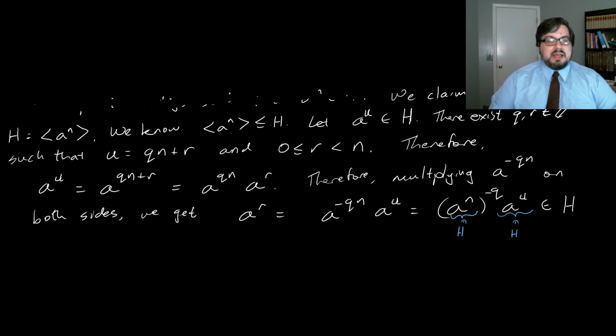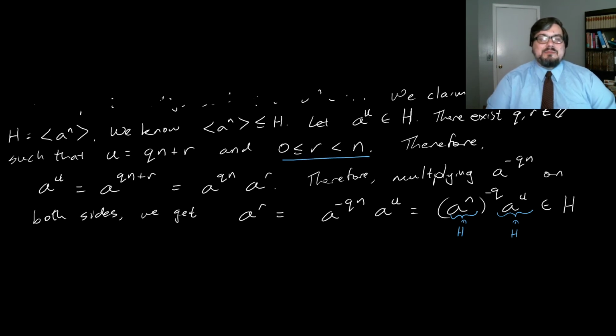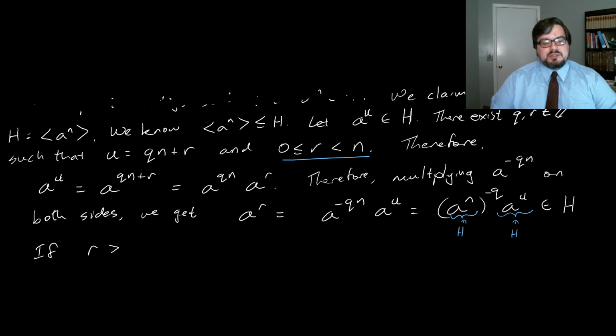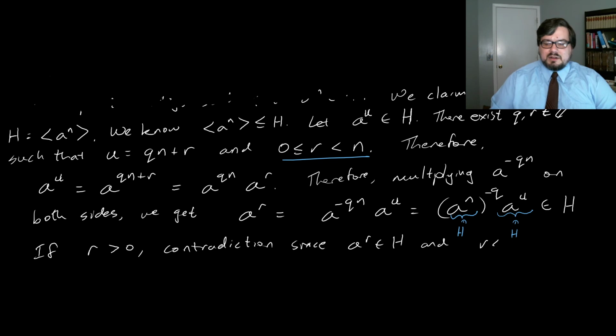However, again we have that r is less than n, and n, remember, was the smallest integer such that a to the n belonged to H. So again, similar to what we had before, if r is greater than 0, we get a contradiction, since a to the r belongs to H and r is less than n.